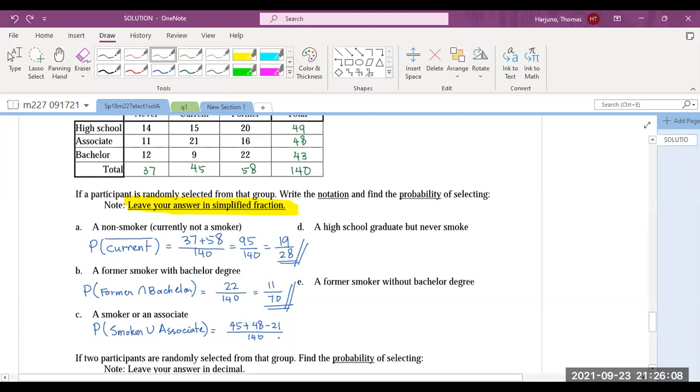And that will be 45, 48 minus 21. That's 72 over 140, but I need to simplify that. Reduce by 4, 18 over 35.